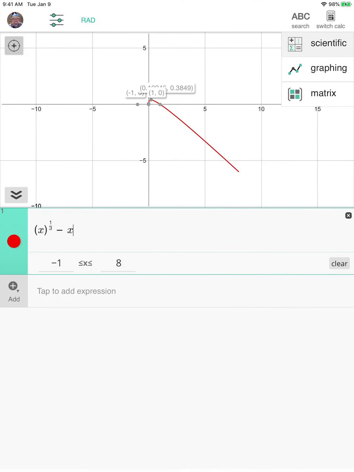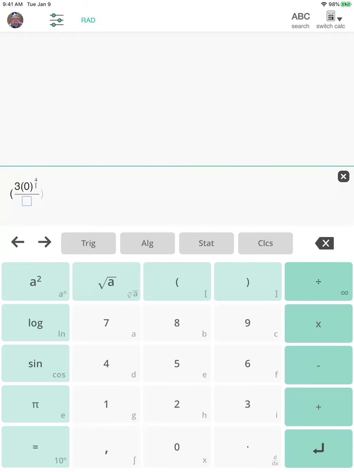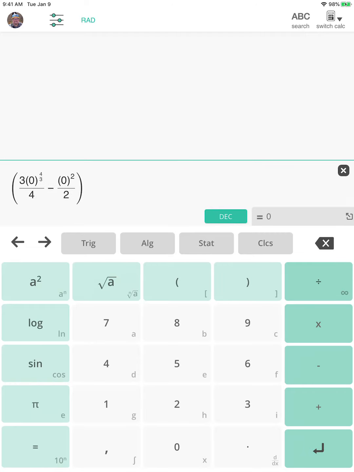So go back to the scientific calculator, and this is parenthesis 3 times 0 to the 4 divided by 3 over 4 minus 0 squared over 2, minus the same thing but with -1s where the zeros are.